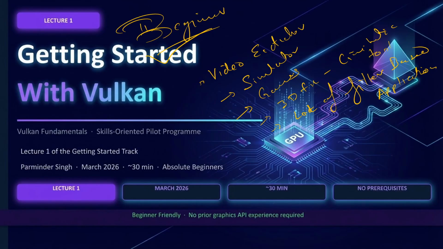We will try to understand what exactly Vulkan is, how modern engines in today's world utilize Vulkan, what the development environment looks like, and how you can run your Vulkan program. We are not setting up Vulkan in today's lecture, but we will set it up in the next lecture.